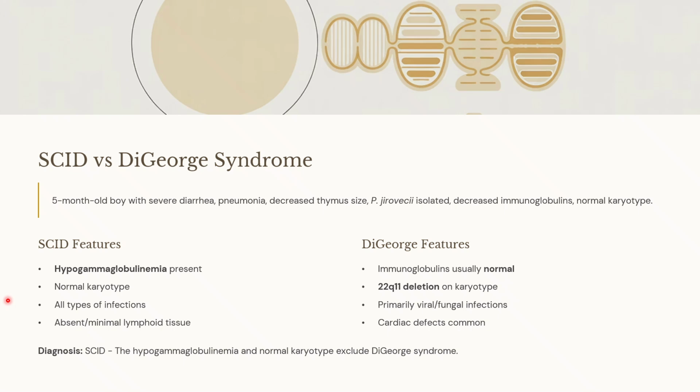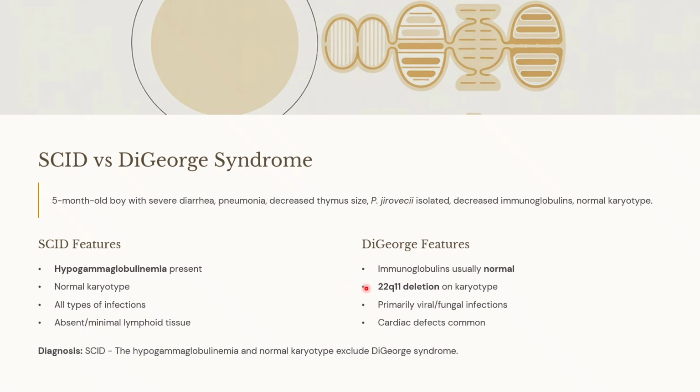Therefore, the B cells, which require DNA synthesis, are also impaired. Therefore, severe hypogammaglobulinemia is present. But in DiGeorge syndrome, the immunoglobulins are usually normal. In severe combined immunodeficiency, there is a normal karyotype, and all types of infections are seen because both types of immunity are affected. There is absent or minimal lymphoid tissue.